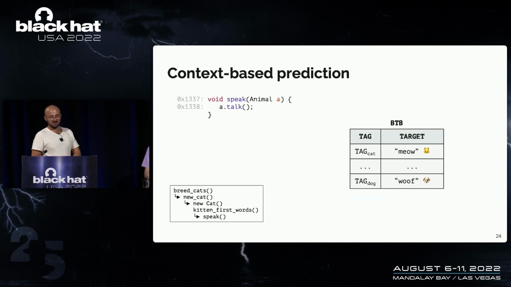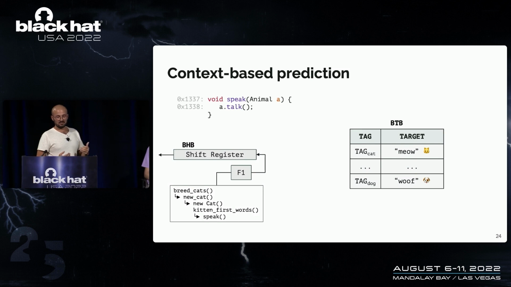And how does this work in hardware? In hardware, you can implement this in very different ways, but one of the many variants that was discussed in the past is to use both the call site and the context to compute the tag. What they suggest is that they hash together all the different jump addresses of the context into a shift register.